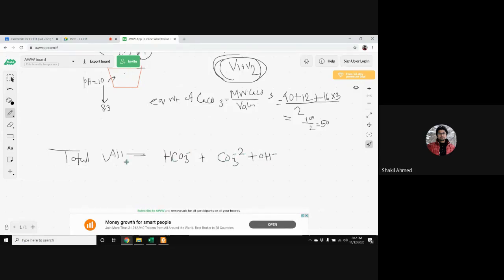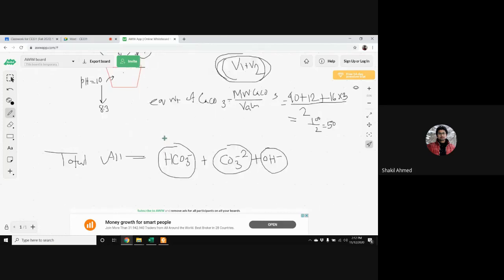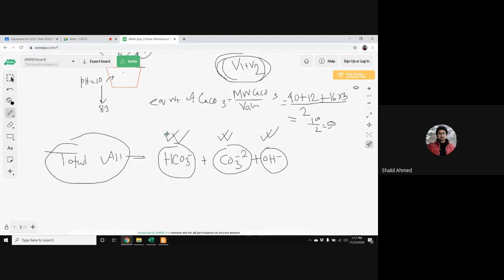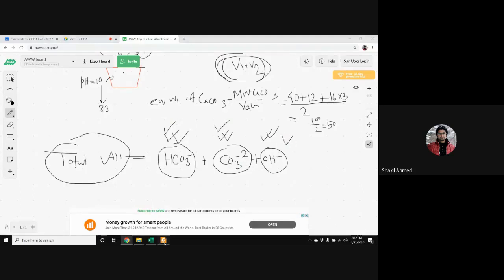That means total alkalinity is bicarbonate alkalinity plus carbonate alkalinity plus hydroxyl alkalinity. Am I right? Sometimes you may want to know or measure them individually. So now we will learn, if we know the total alkalinity, how we can determine this bicarbonate alkalinity, carbonate alkalinity, and hydroxyl alkalinity.